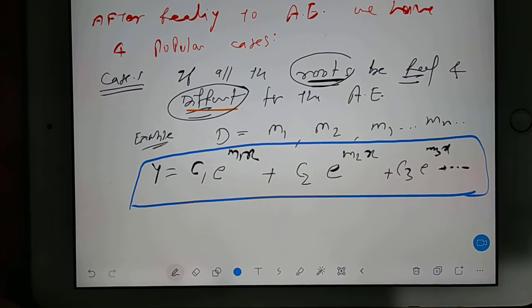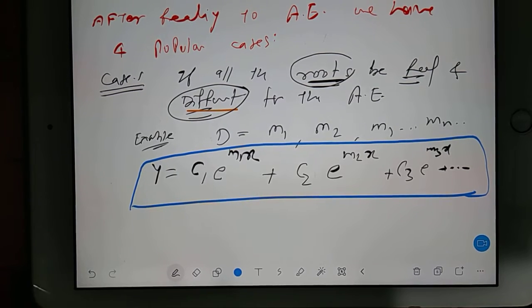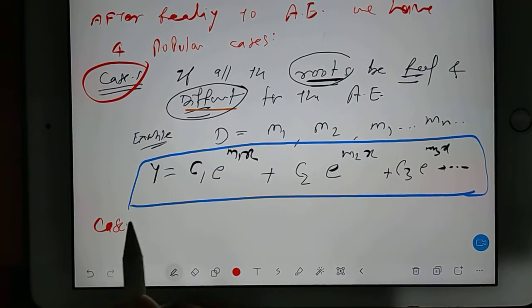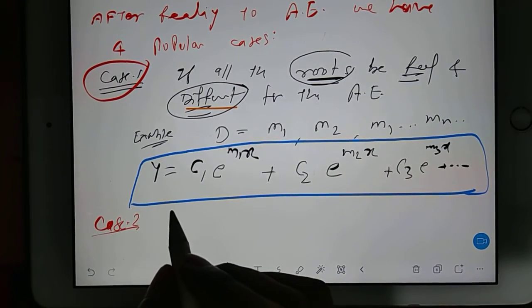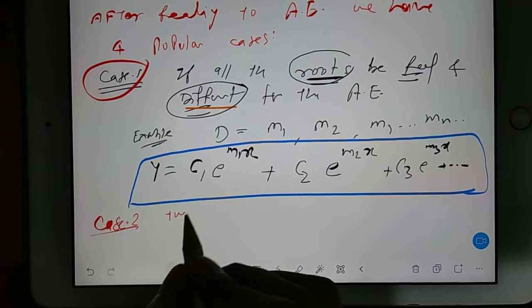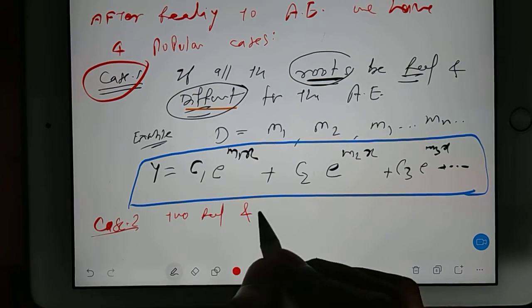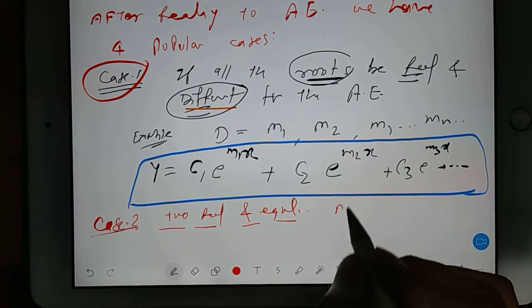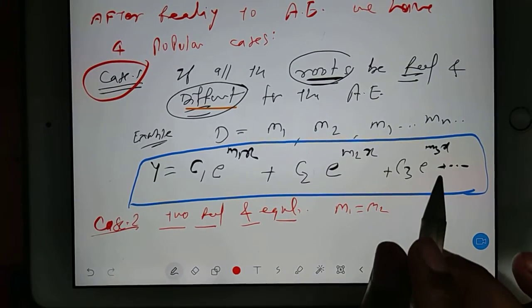Now there is a case where roots are equal. Case 2 is going to be your special case, where 2 real and equal roots, meaning m1 is equal to m2, only 2 roots we are getting.